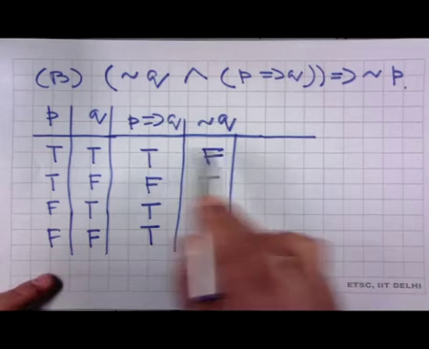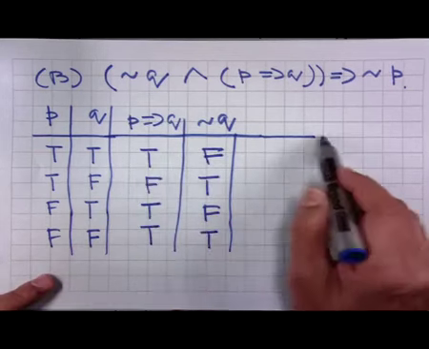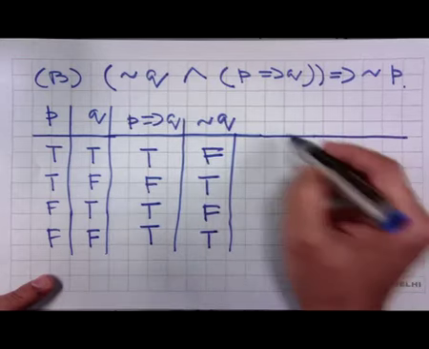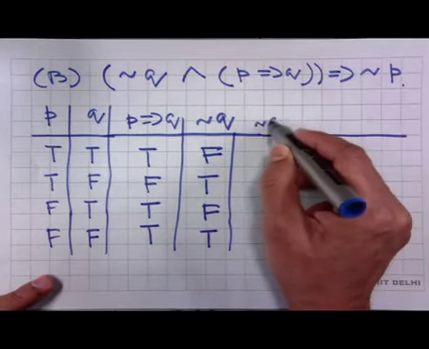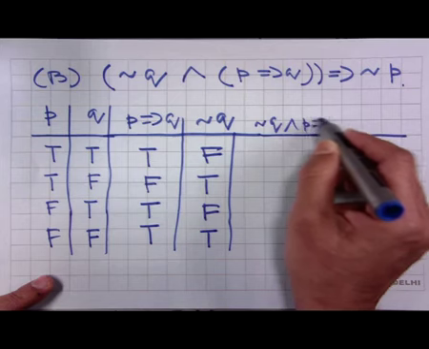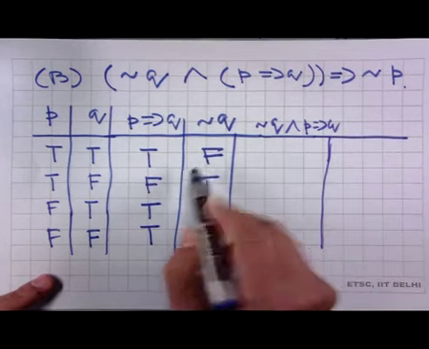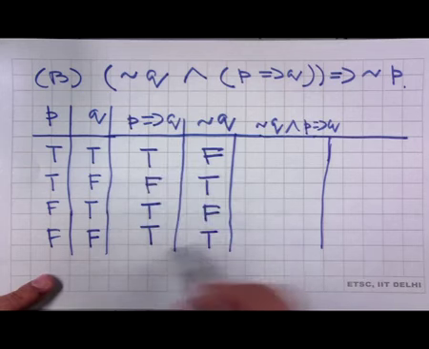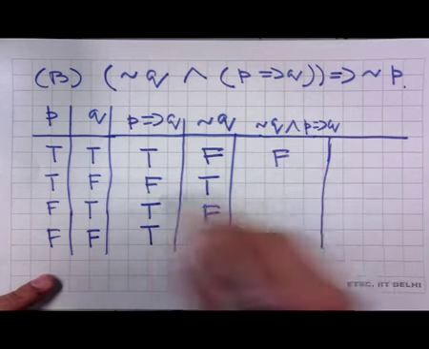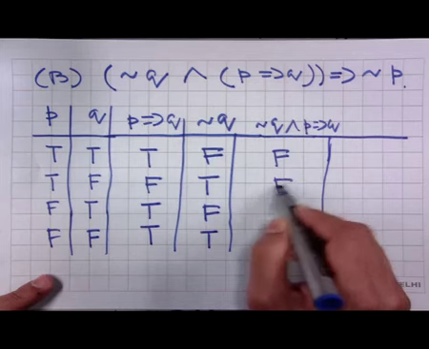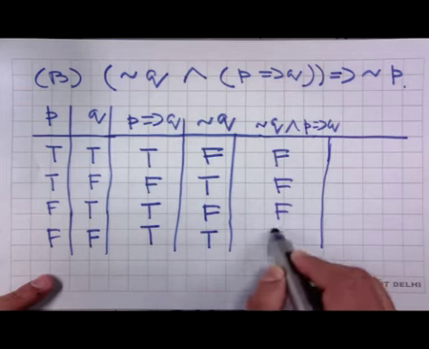So, not Q and P implies Q is going to be the AND of these two columns, which is false, false, false and true.